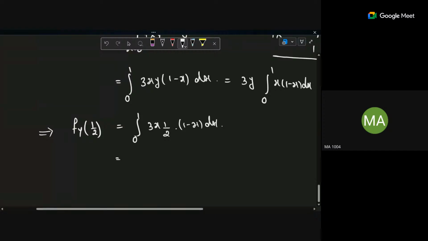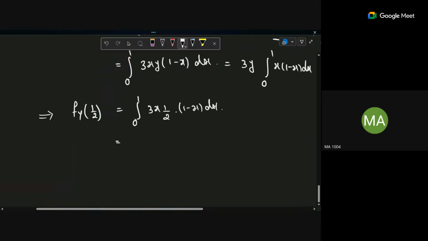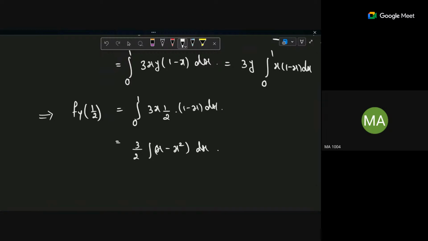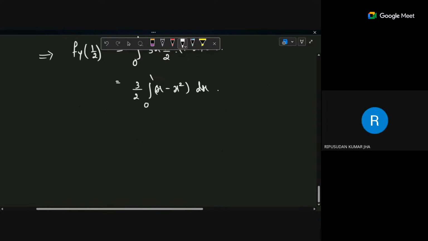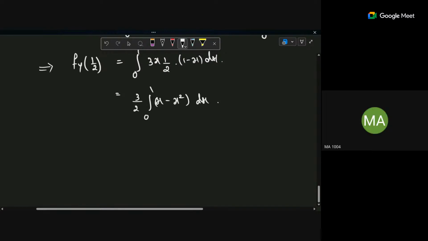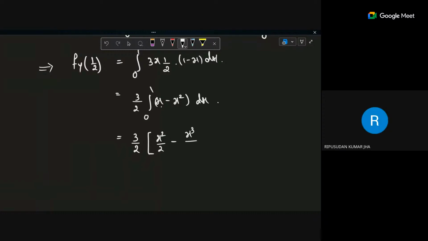Then what did you get for the integration? 3/2 times the integral of x minus x squared dx, from 0 to 1. We have to split the integration, as a subtraction. The integral of x is x squared upon 2, minus x cubed upon 3, with limits 0 to 1.